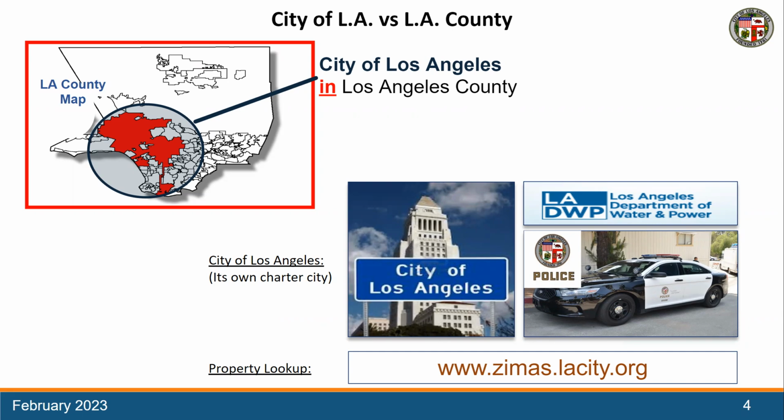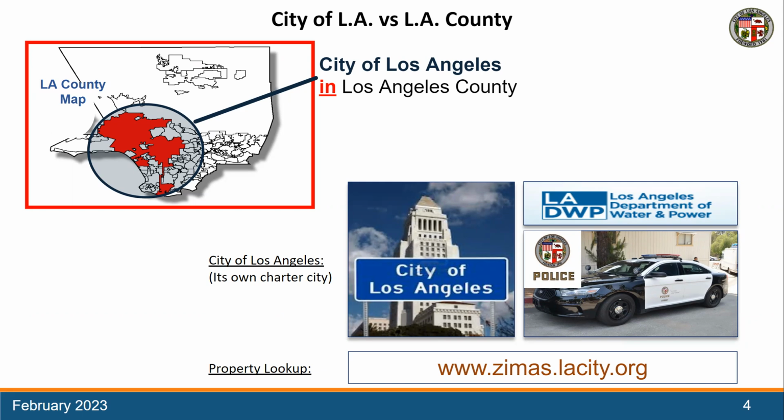The easiest way to tell if the property is in the City of LA is to look at your power and water bill. If it was issued by the LA Department of Water and Power, or LADWP, then the rental unit is located in the City of Los Angeles.